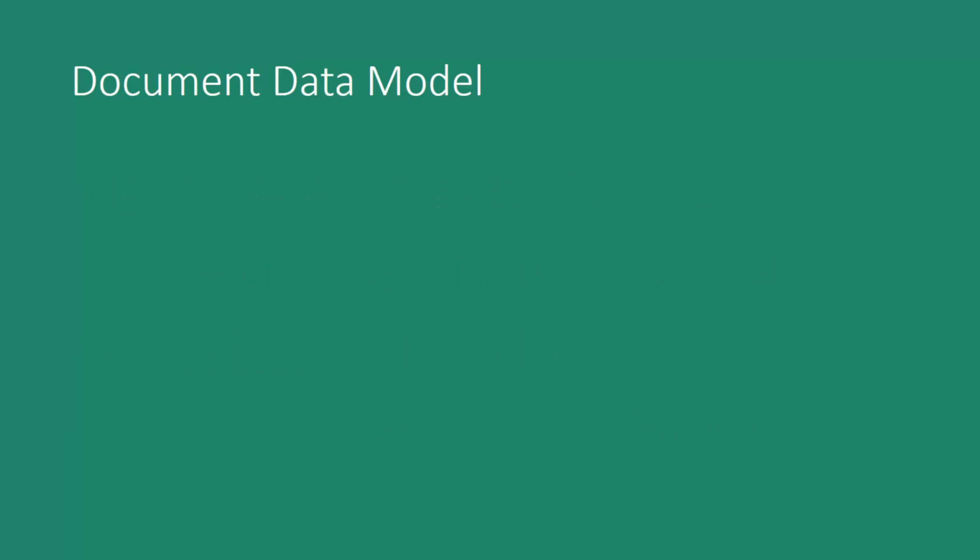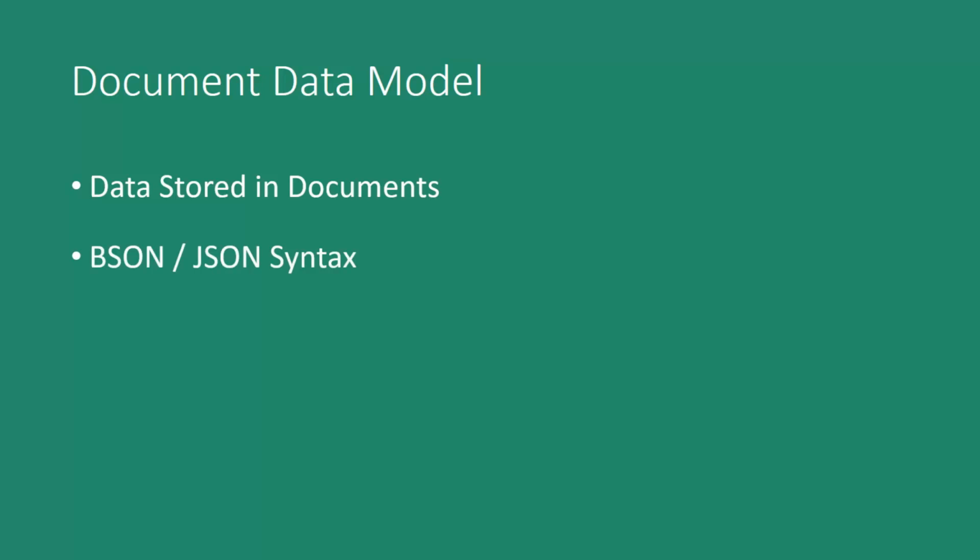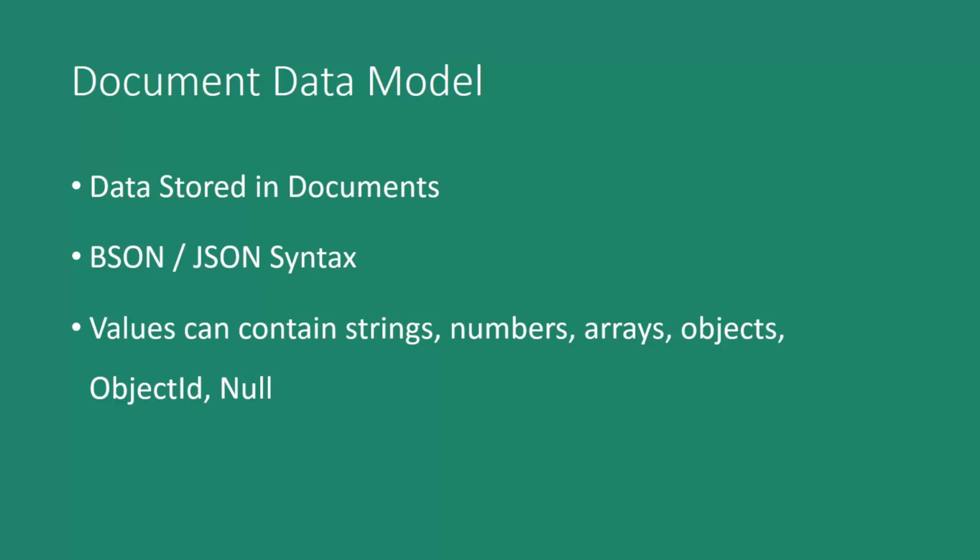So as I said in the last video, MongoDB uses the document data model, and data is stored in documents. These documents are essentially JSON objects. It actually uses BSON, which is JSON along with some additional data types and features. So values can contain strings, numbers, arrays, objects, object IDs, and null values.